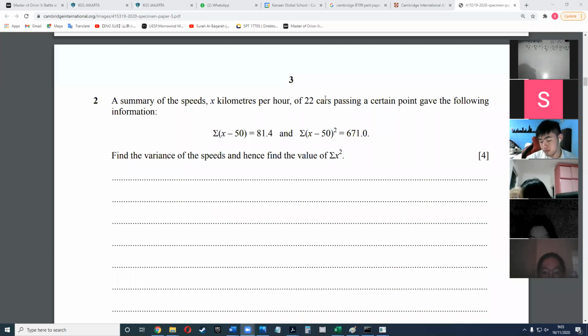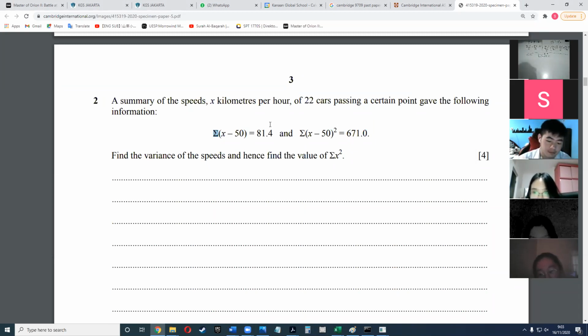Here we have 22 cars passing a certain point. This is the number of data we have. So n is 22. And we also have x minus 50, or u. So sum of the u is 81.4 and sum of the u squared is 671.0.